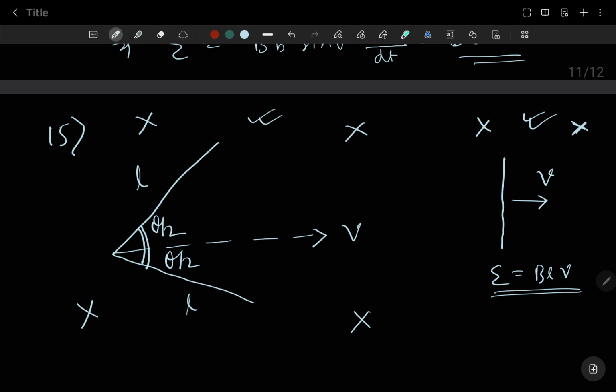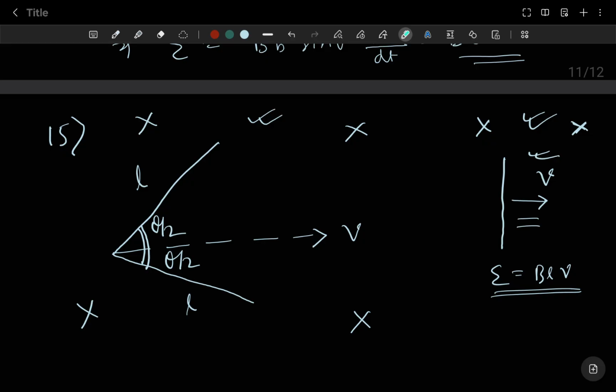What is important is that the conducting rod here is moving perpendicular to the length. But here, if you consider this length, the conducting rod is not moving perpendicular to it. So you need to calculate the perpendicular length.